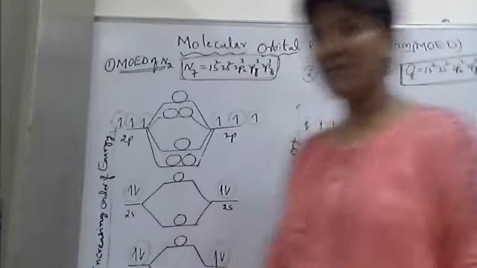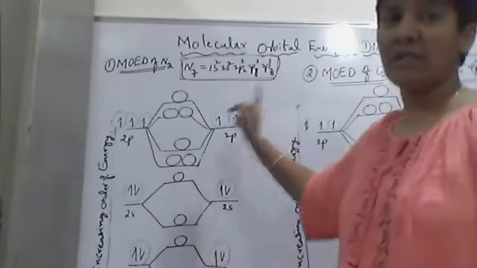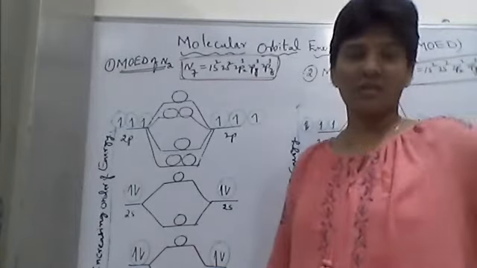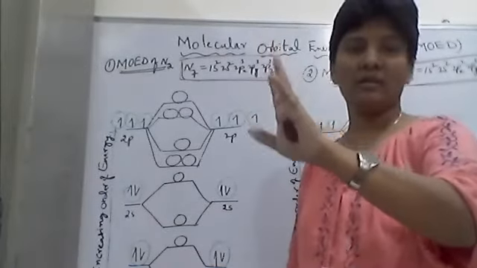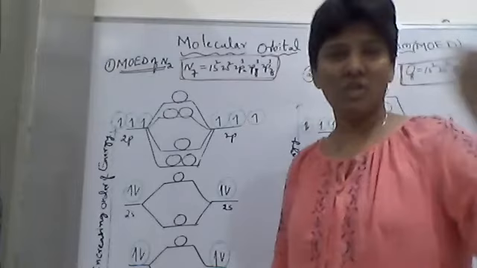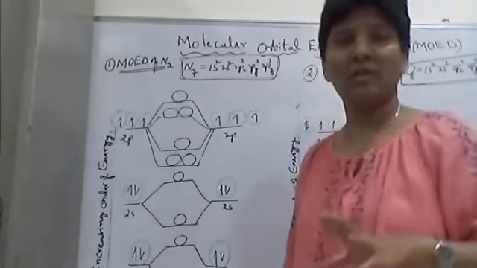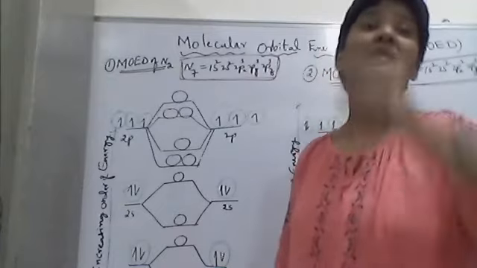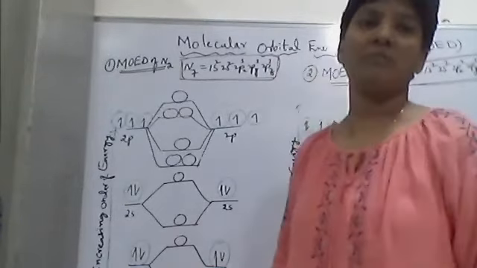But in the case of molecular orbital theory, remember, all the orbitals, from the first orbital electron to the last orbital electron, every electron is participating in bond formation.